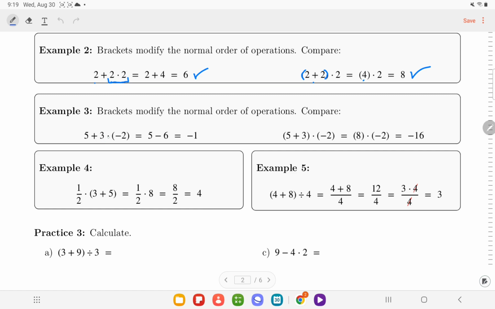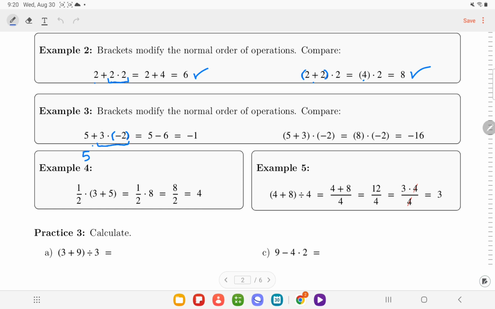Let's look at another example. 5 plus 3 times negative 2. The brackets are included for negative 2 since all the negative integers must be put into brackets. However, the only operations here are addition and multiplication. We're going to do multiplication first.